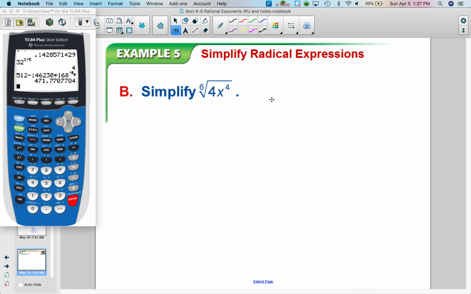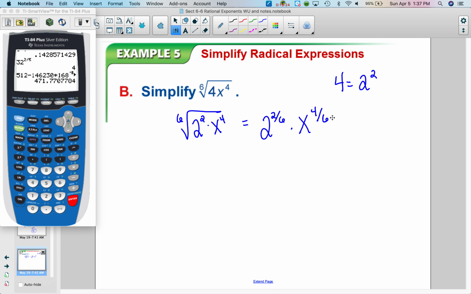Okay, for this one, same kind of idea. I'm going to break that 4 down and think of it as 2 squared. So I'm going to think of this as the 6th root of 2 squared, and this is times x to the 4th. So now remember, 2 is my power, 6 is the root. So I'm going to have 2 to the 2/6 times x to the 4/6.